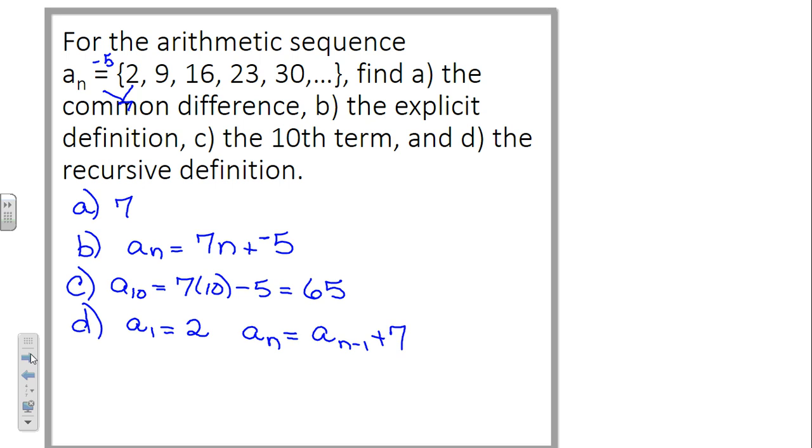Take your previous term and add 7. You got the next one. Questions on this one? Am I getting easier? Make more sense?